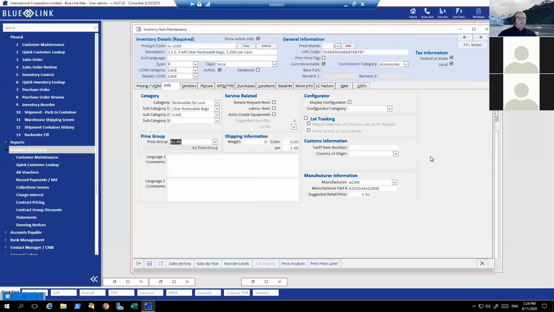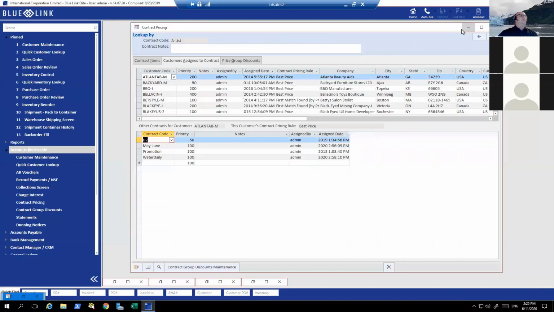If you go into, and I'm just going to refresh this. By the way, if anybody doesn't know, Shift F9, when you're in a panel such as that, will update your screen for you. Anyway, back into pricing groups, under discount pricing, you'll see a tab here called price group discounts.